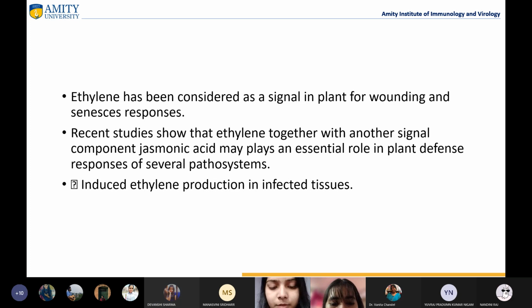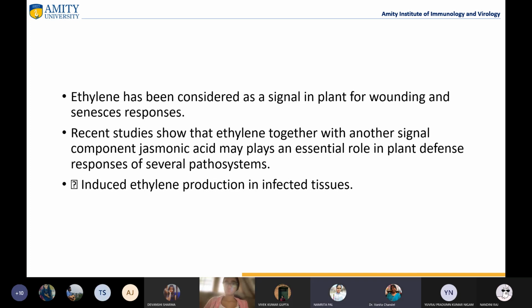Janvi. Present, ma'am. Manaswani. Namrata. Present, ma'am. Nandini. Present, ma'am. Nehal Joshi. Rupal Joshi. Present. Sahiba.